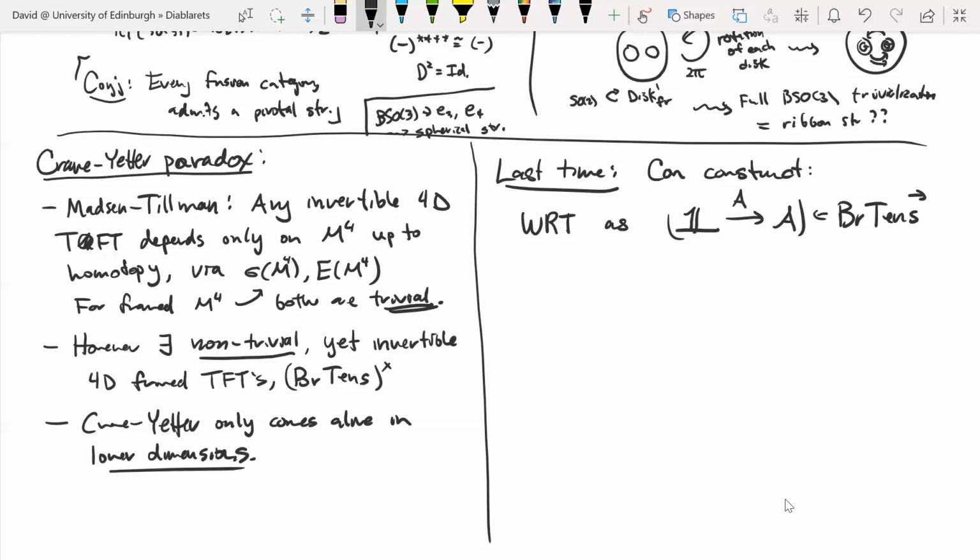So this notion of this arrow category is subtle.